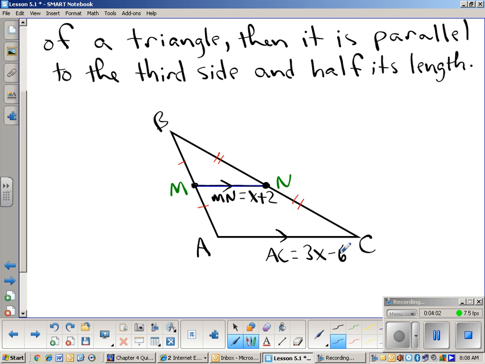There we go. I think I did this right in my head. What if MN is x plus 2 and AC is 3x minus 6? What is x going to equal? 3.